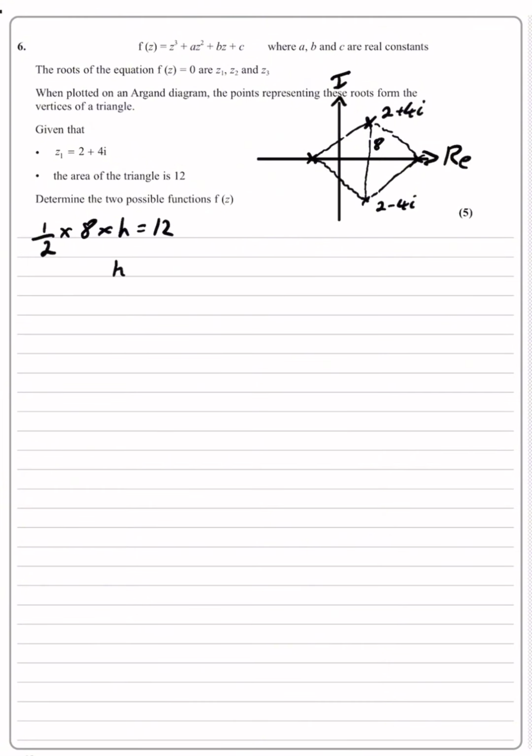So it's going to be 3 more than 2 on the real number line, or 3 less than 2. So our 3 roots are going to be 2 plus 4i, that one we're given, 2 minus 4i, and then the two possibilities for the third root are going to be minus 1 or 5.